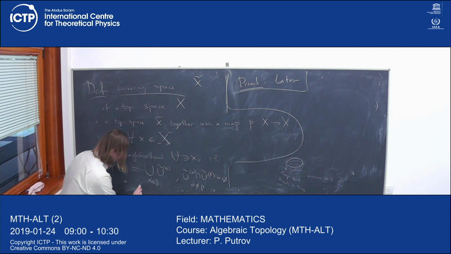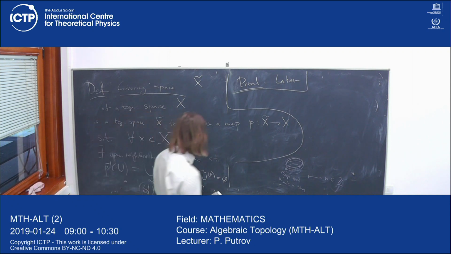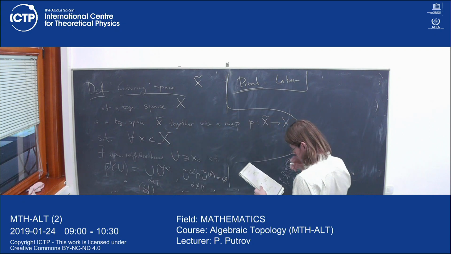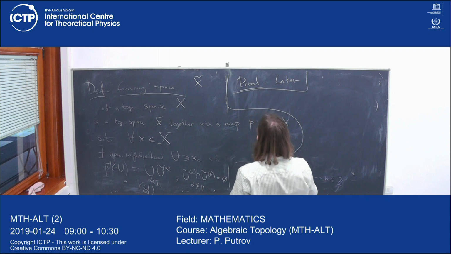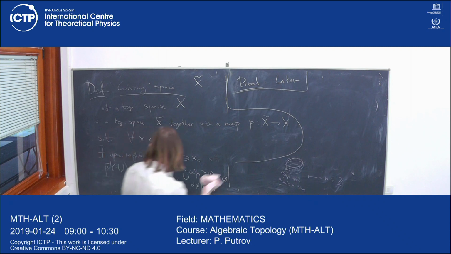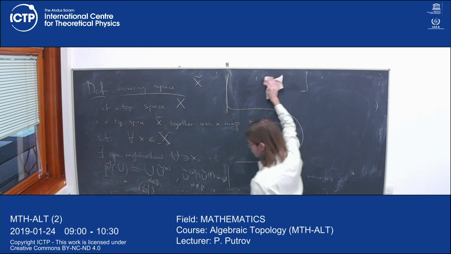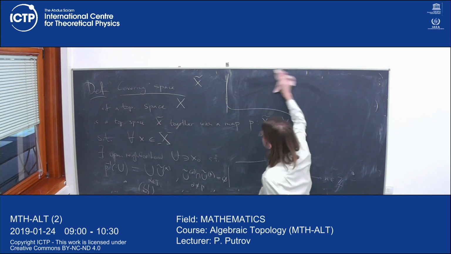I can say this is a disjoint union. I don't know if you're familiar with this notation; I can equivalently write it like this. So there exists an open neighborhood such that the inverse image is a disjoint union of open sets.